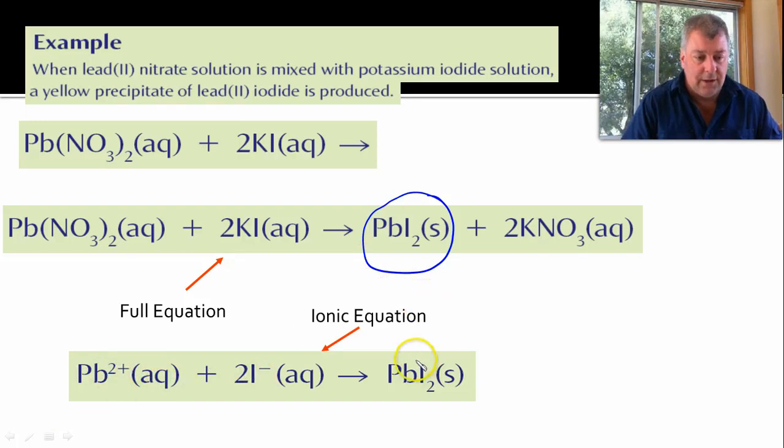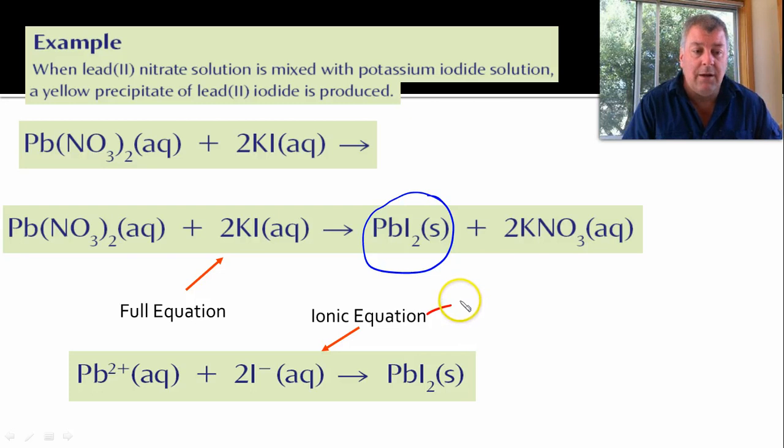Now there's 2 iodides in the formula, so you need 2 iodides. You look up the charge and hopefully you know that it's -1, so you show the charge. Now in the ionic equation, it's basically writing the ionic equation for a precipitation reaction.